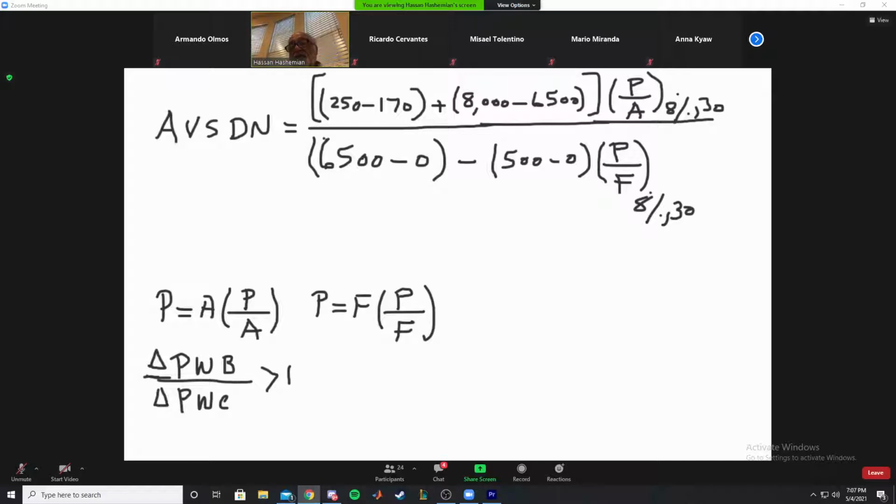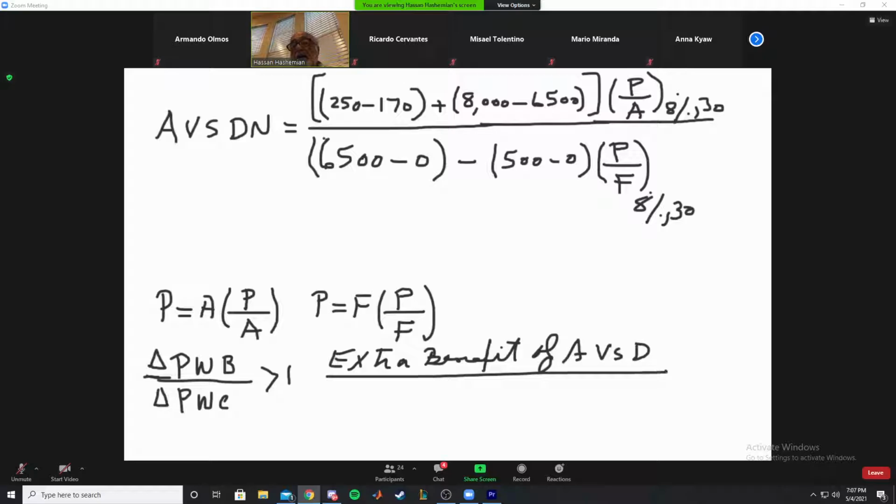Everybody understand that? So if the extra benefit of A versus do nothing is greater than extra cost of A versus do nothing, means that this is going to be greater than 1.